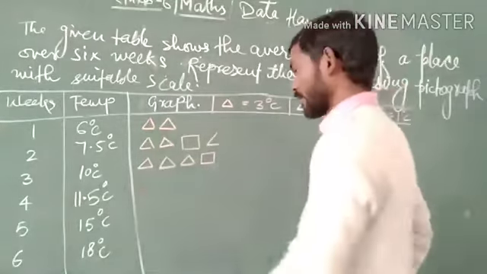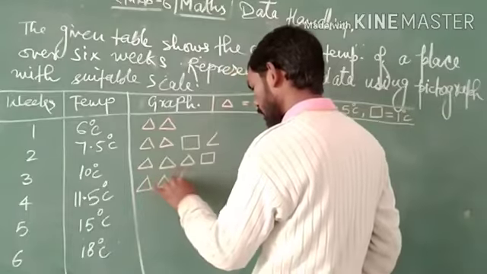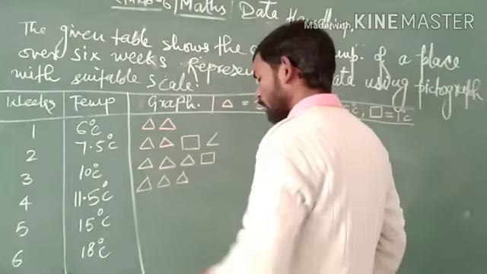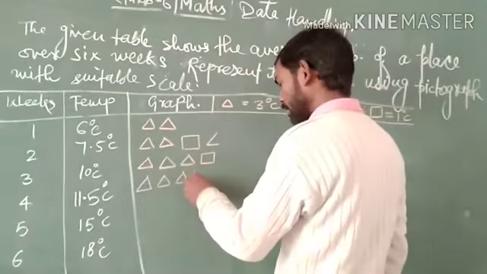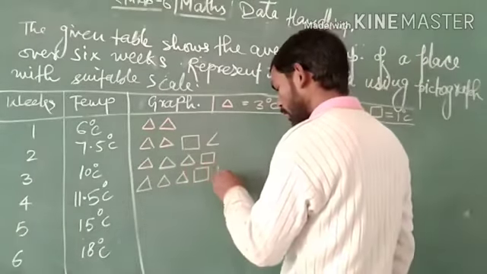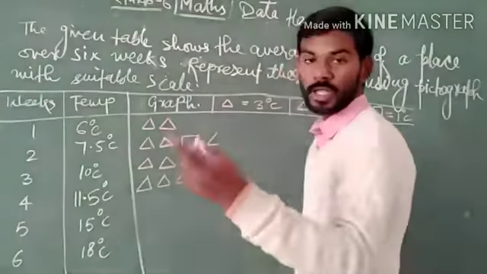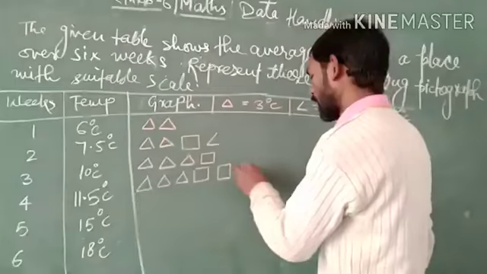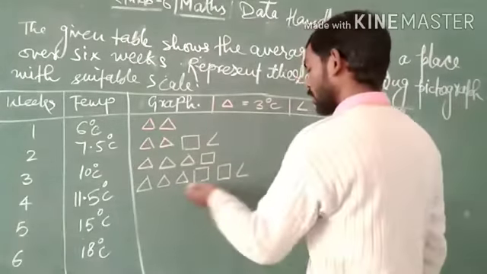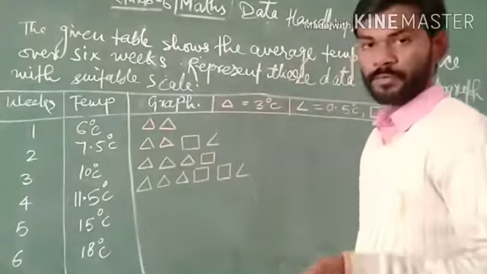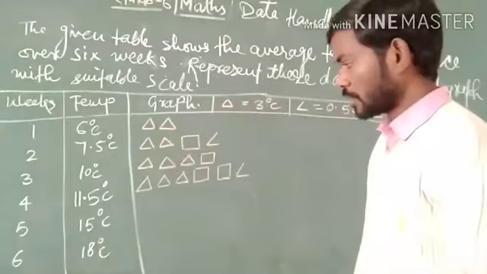Similarly for the next, first we draw three triangles. These three triangles will represent 9 degrees centigrade, and 2 squares will represent 2 degrees centigrade. So 9 plus 2 is 11 degrees centigrade, and a half triangle will represent 0.5 degrees centigrade. So the total is 11.5 degrees centigrade. So I hope this is also clear.